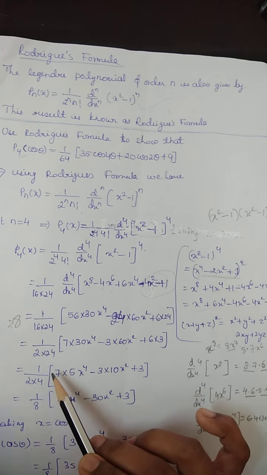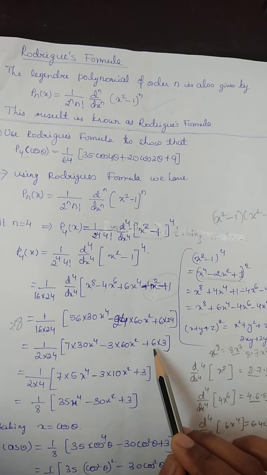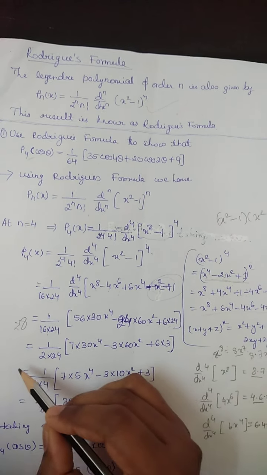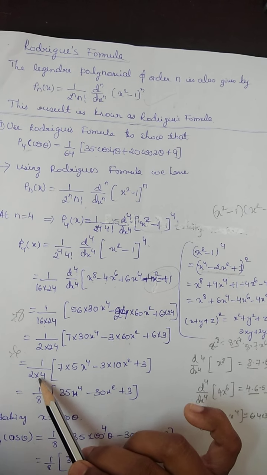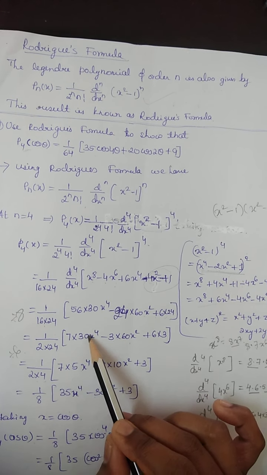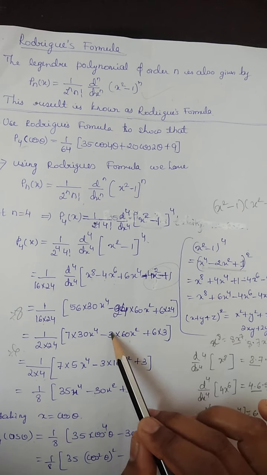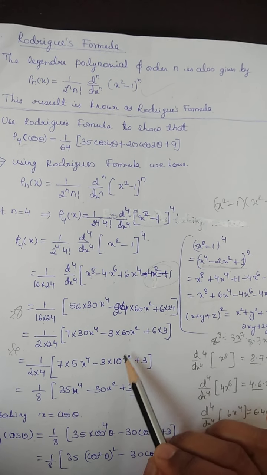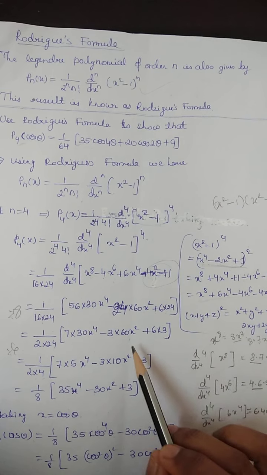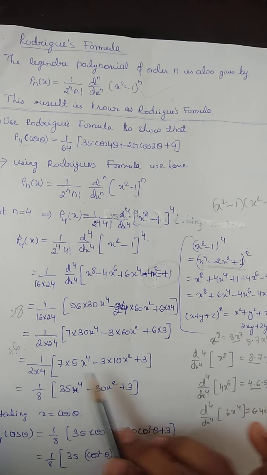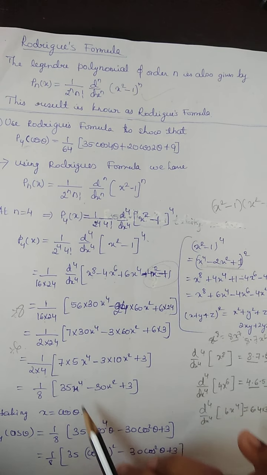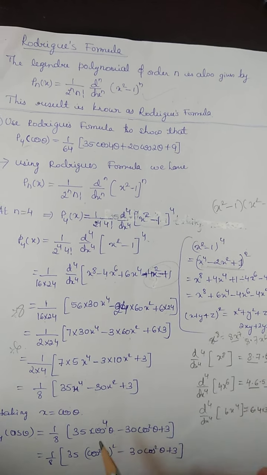Now again you can divide by 6: 6 fours are 24, 7 keep as it is, 6 fives are 30, x raised to 4 minus 3 keep as it is, 6 tens are 60 x square, 6 gone, plus 3. Now multiply: 7 fives are 35, x raised to 4, minus 30 x square, plus 3.